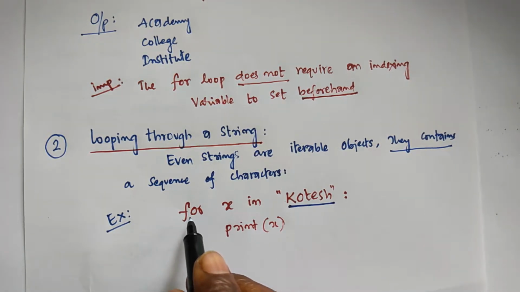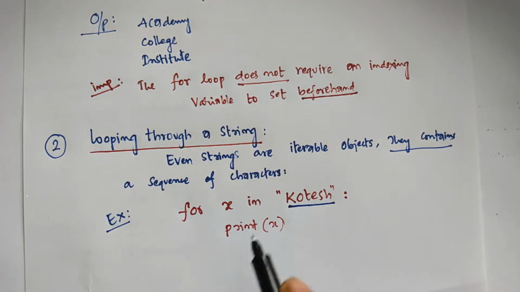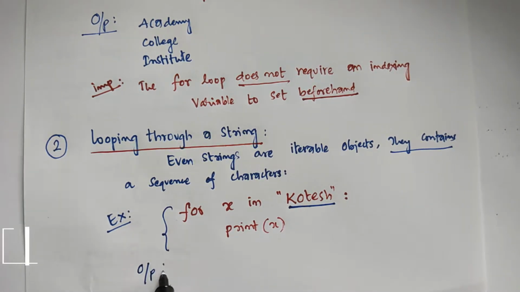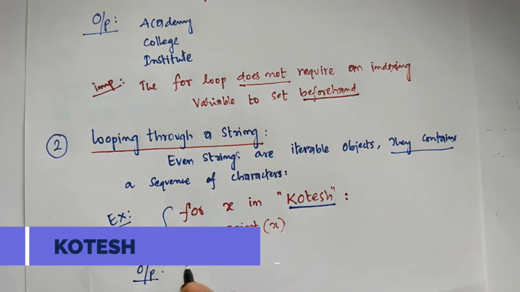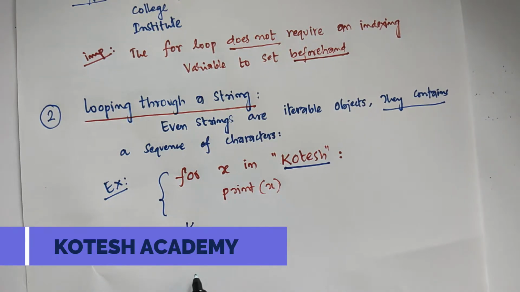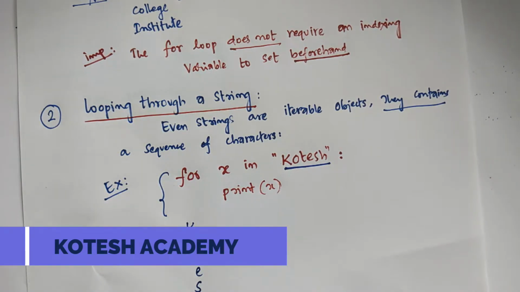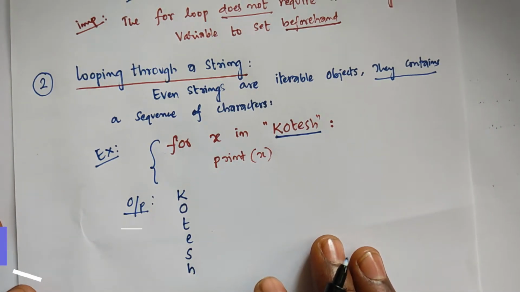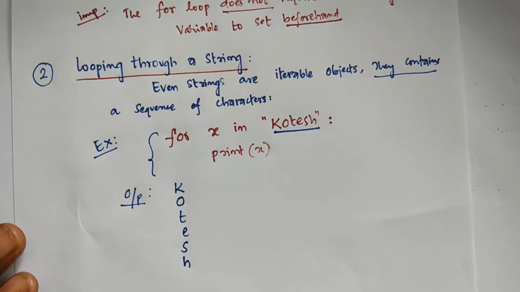You write for x in quote, print x. After execution, the first letter K moves in, and you get K. Next one is O, next T, next E, next S, next H. Like that you can display it. That is looping through a string.